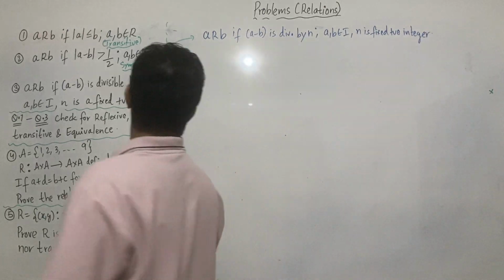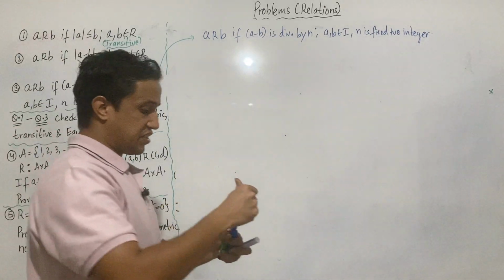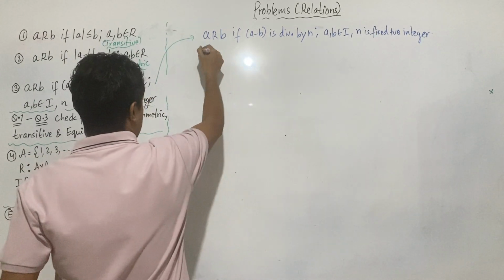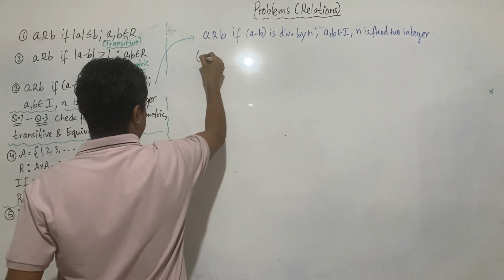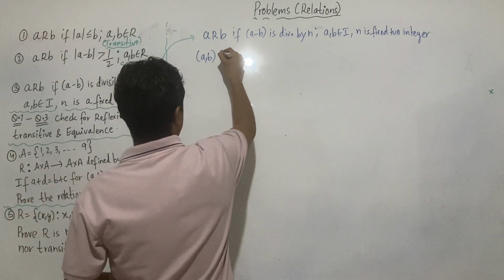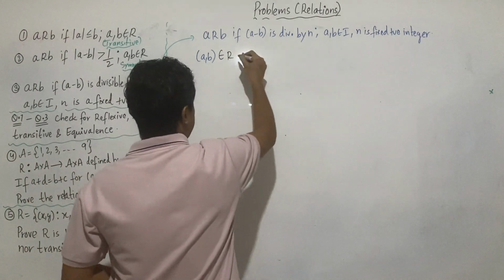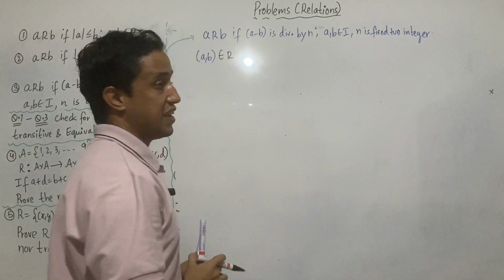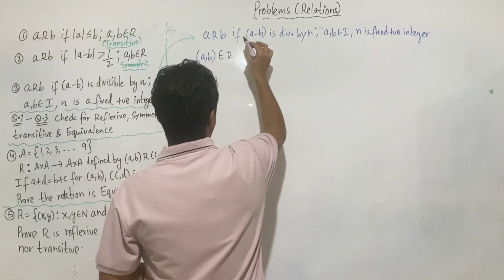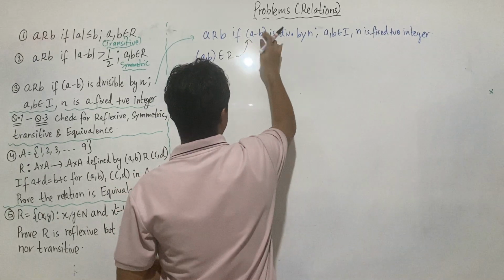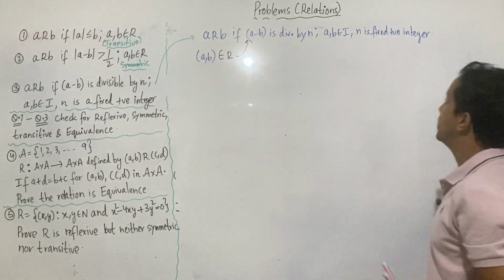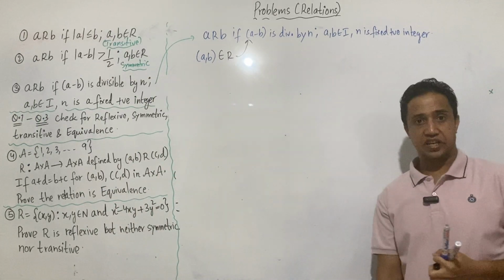Now see here, what does it mean? It says that the relation given to us is defined as (A, B) belongs to relation R if A minus B is divisible by n, where A and B are integers and n is a fixed positive integer.